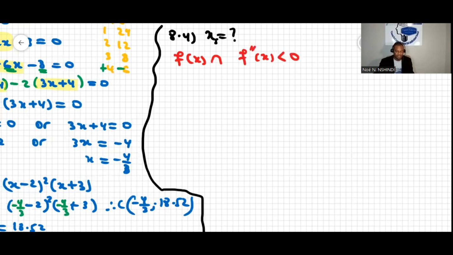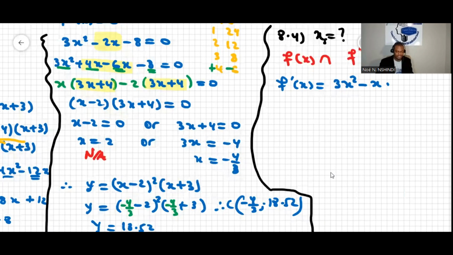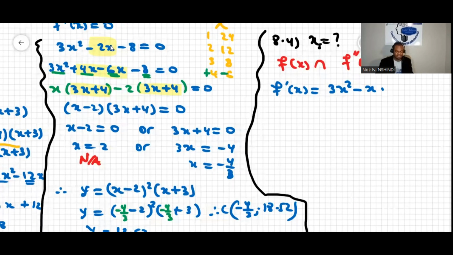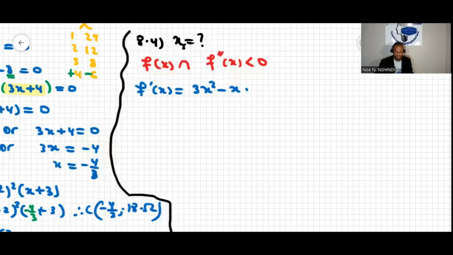Now the first derivative we found was 3x squared minus 2x minus 8.